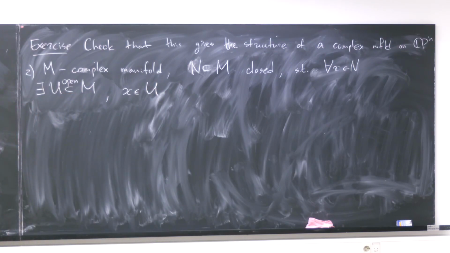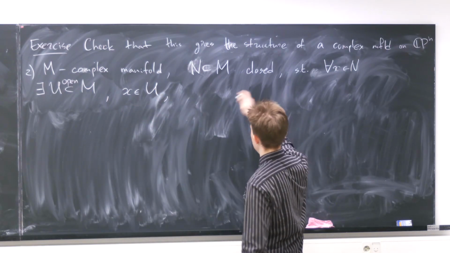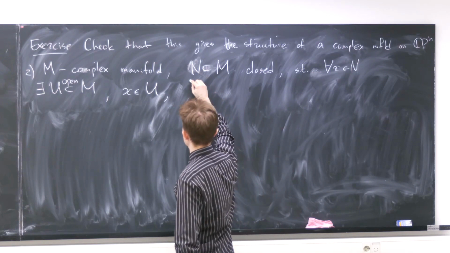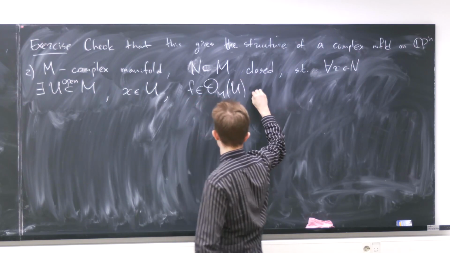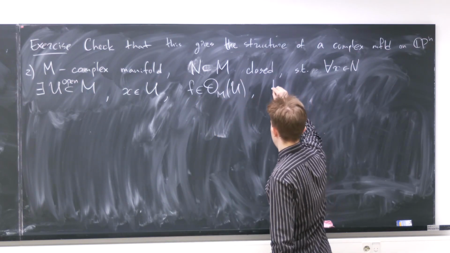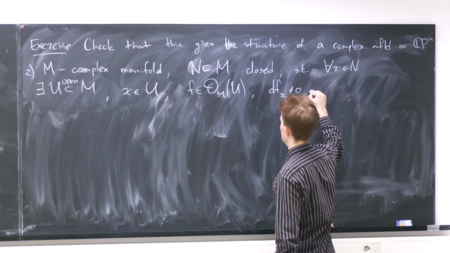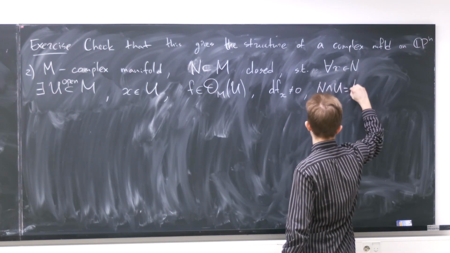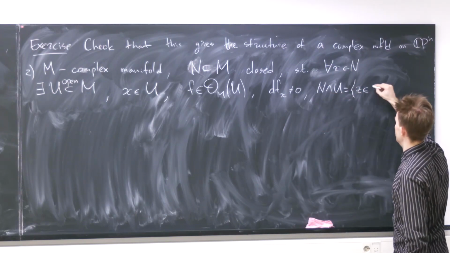And so let's just assume first that this N is given as the zero locus of one holomorphic function. So let's say there is a holomorphic function f on U whose differential is not 0 at this point x, and N intersected with U is just the zero locus of f.